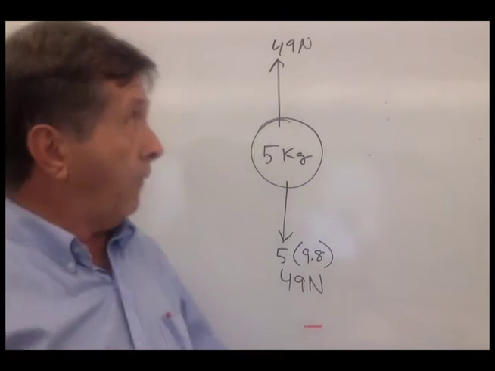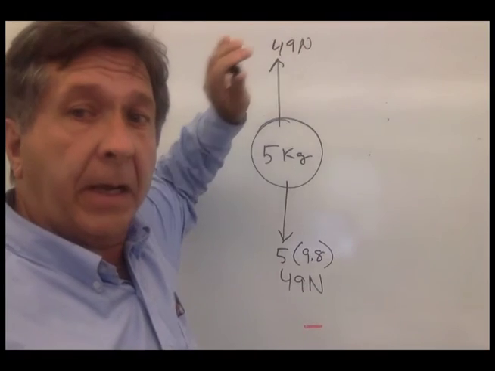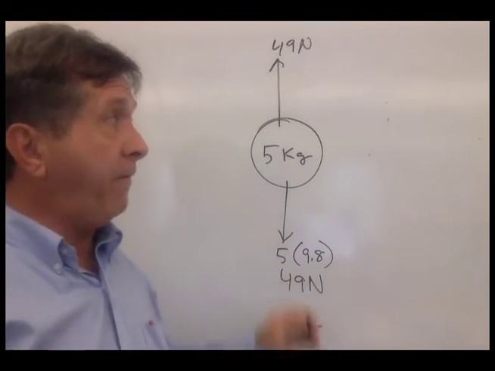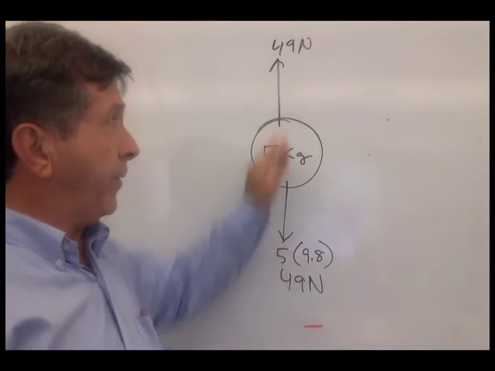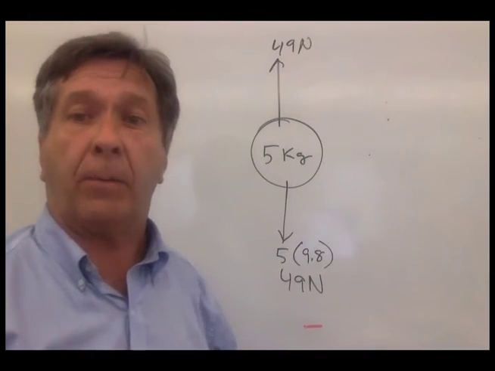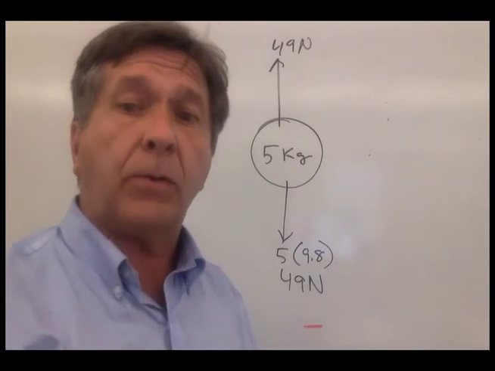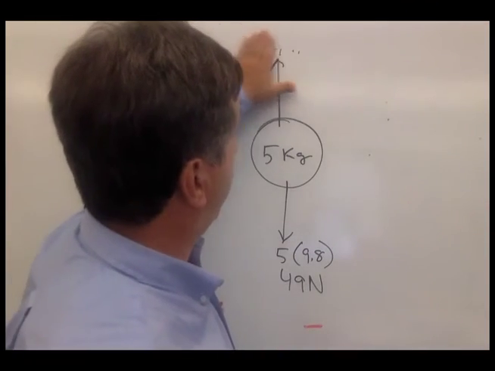If I let it go, if I remove this top force, it's going to start to accelerate down due to gravity. If I increase the force, I could actually accelerate it and throw the ball up in the air. For now, let's just assume I drop it. I let this go.